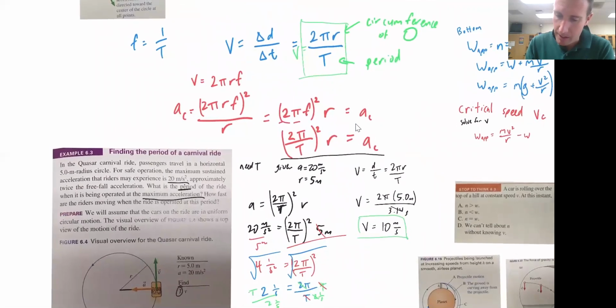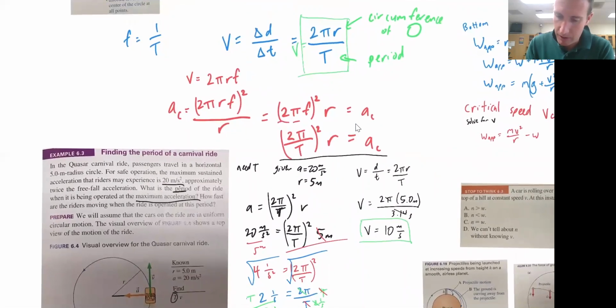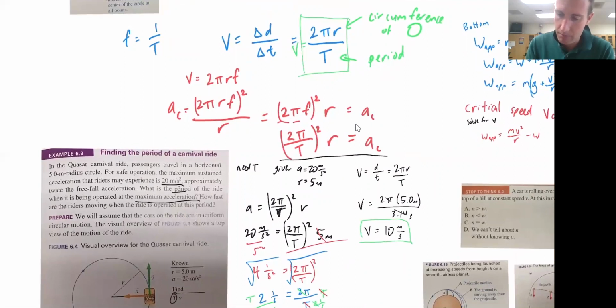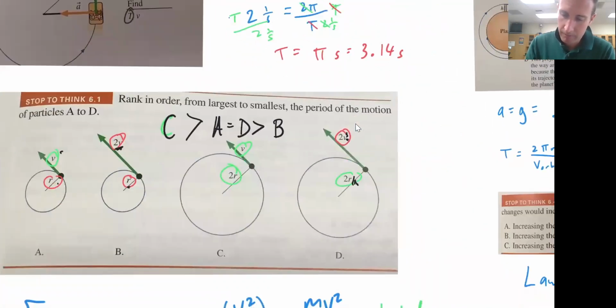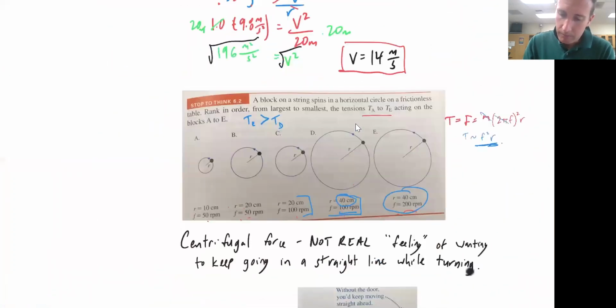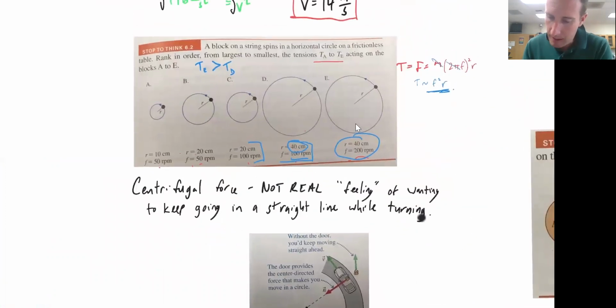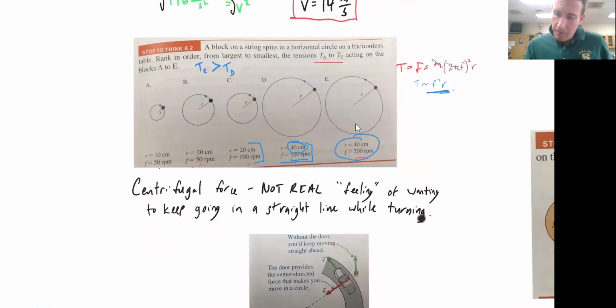Force equals mass times acceleration. Acceleration is 2 pi frequency squared times r. Yeah. All right. Okay. Now, frequency squared, 100 squared times 20. Okay, that would be the tension of C. Then 50 squared times 20 is going to be better than 50 squared times 10.